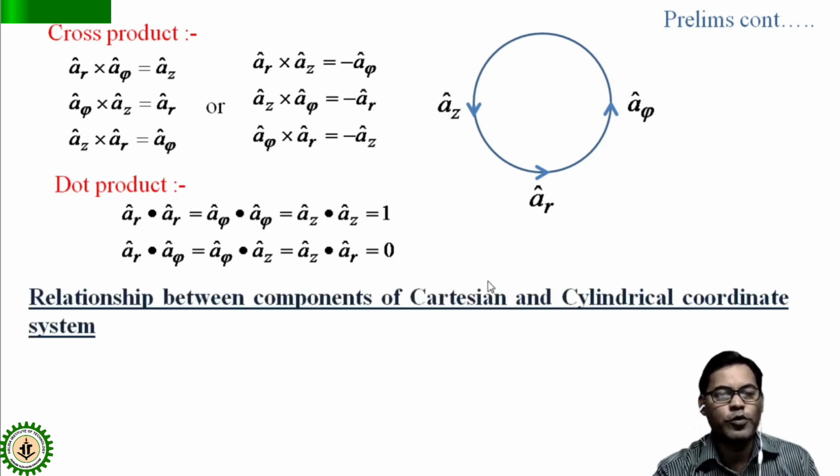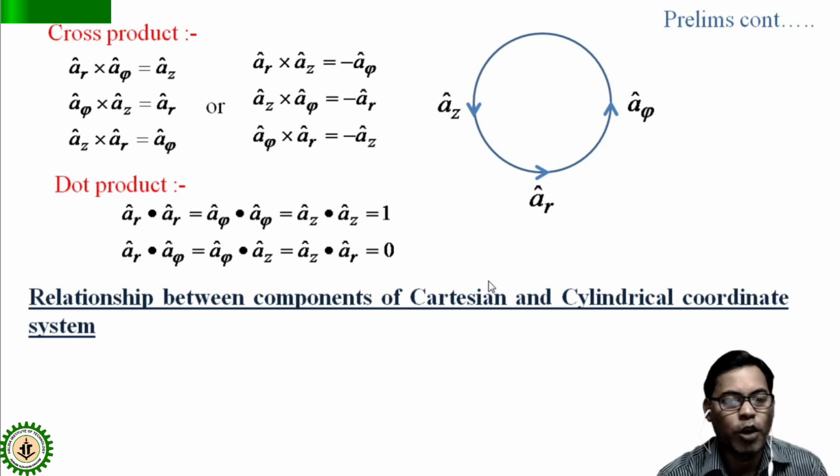Now we are going to see the relationship between the components of the Cartesian and the cylindrical coordinate system. In the first lecture we discussed why we need to study different coordinate systems, and why we need to transform from one coordinate system to another.